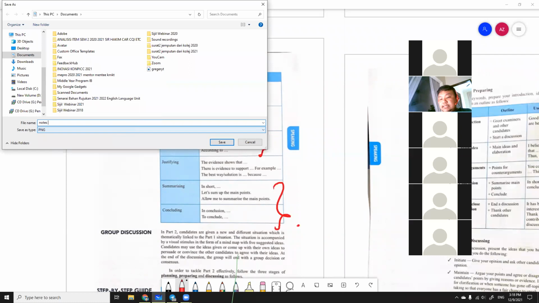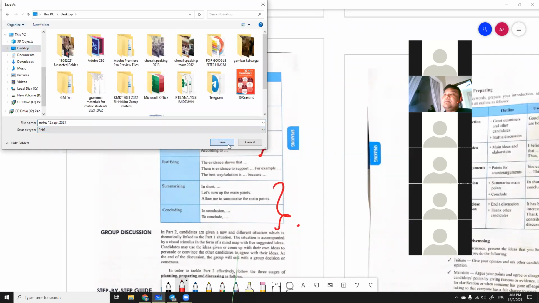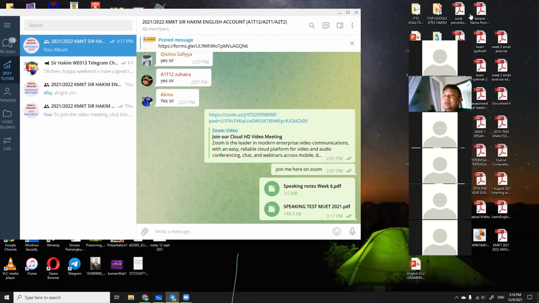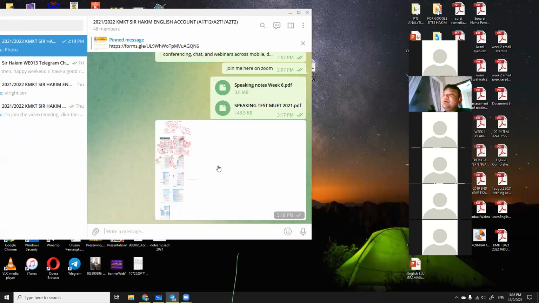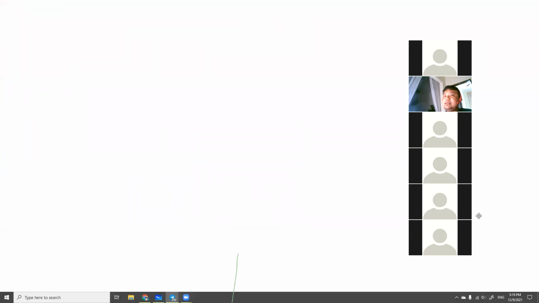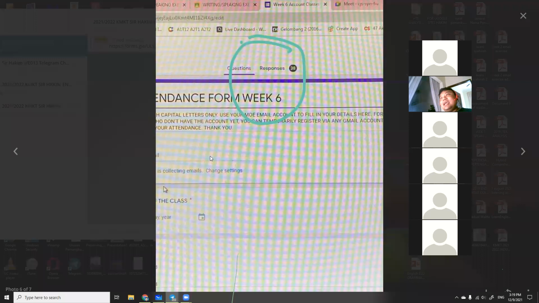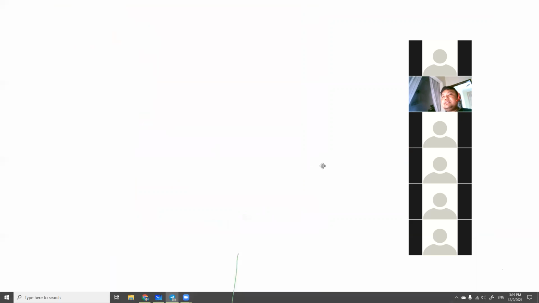Today is 12 Sept 2021. I'll be sharing it on my desktop. So this is actually the notes. Even though this looks quite small, once you zoom in, you will see the notes.